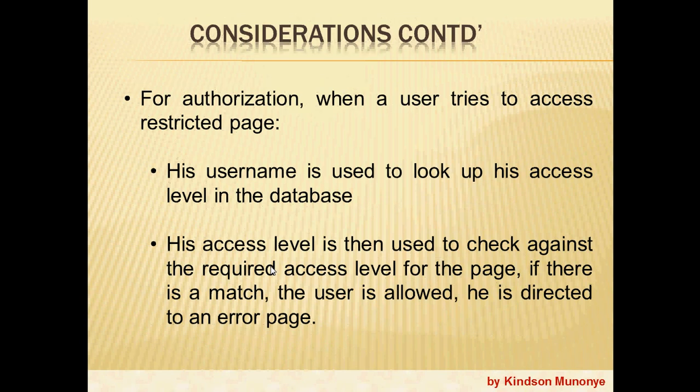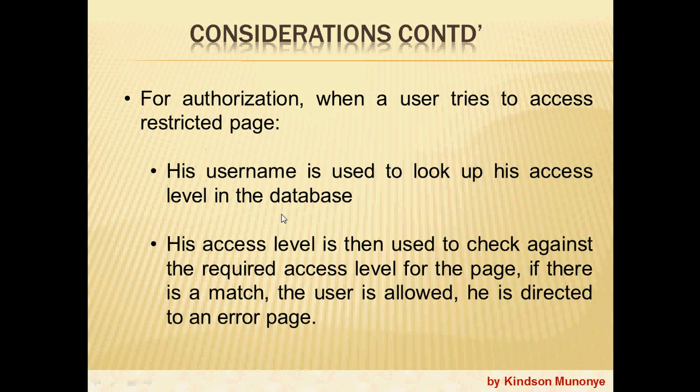Now for authorization, when a user tries to access a restricted page, his username is used to look up his access level in the database. The username is stored in a special variable called a session variable, which I will explain in a minute.